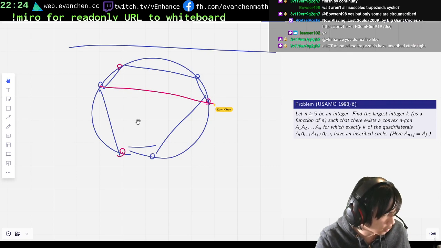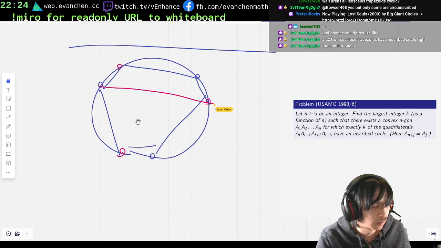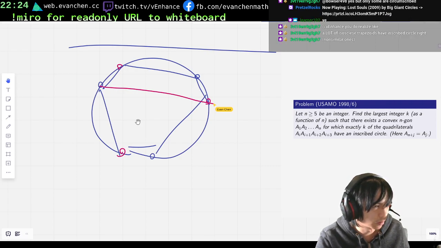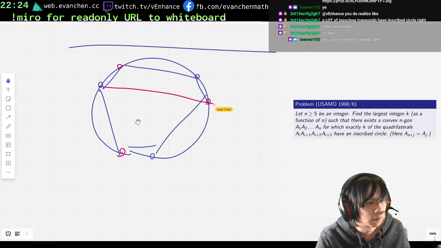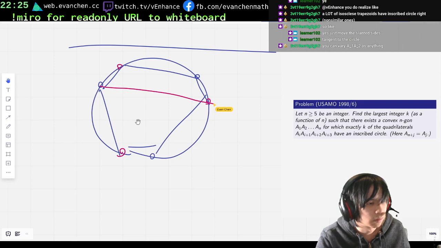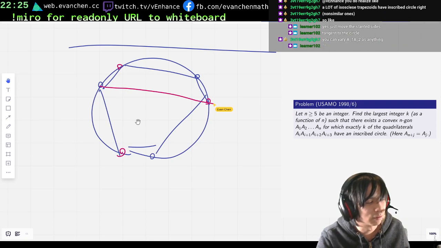A lot of isosceles trapezoids have inscribed circles. Yeah, but do I not need like a 60-degree angle or something? Oh, I'm moving the wrong one.